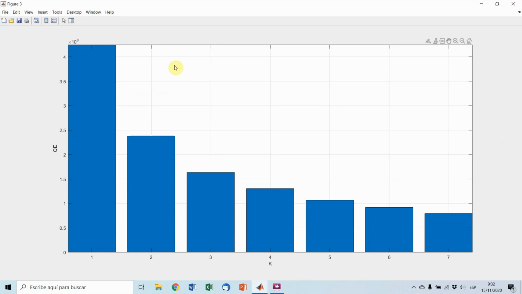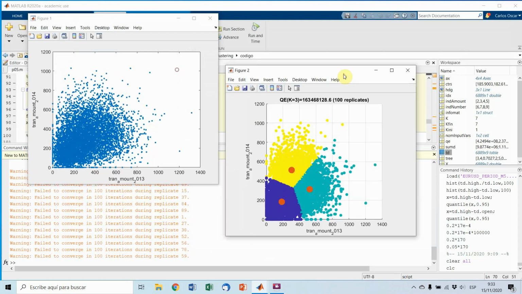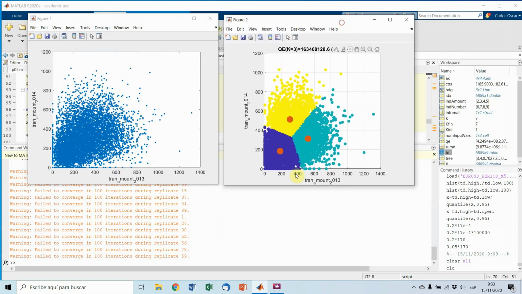And then for the number of clusters, we see a strong reduction from 1 to 2, from 2 to 3 maybe, but from 3 to 4, 5, 6, there are not such big changes. So to keep it simple, let's keep it at 3. Here is the partition of the original data into 3 clusters, and we can see that we have a cluster of those people who didn't buy much in 2013 and neither bought much in 2014.